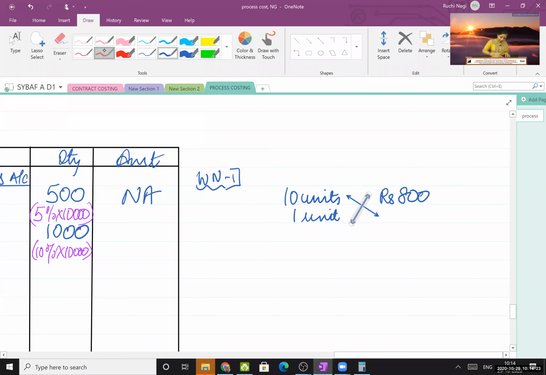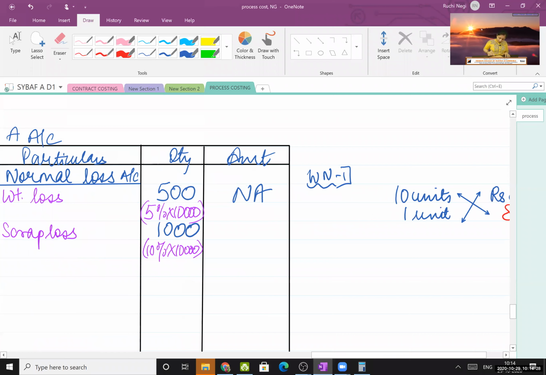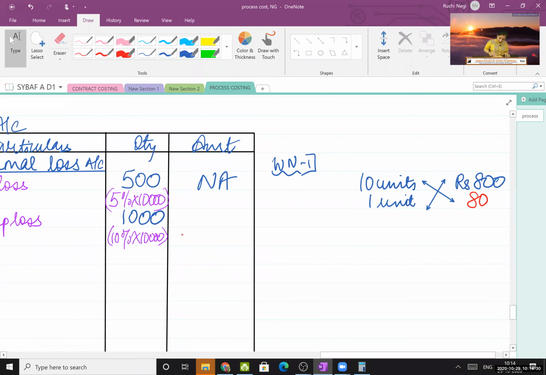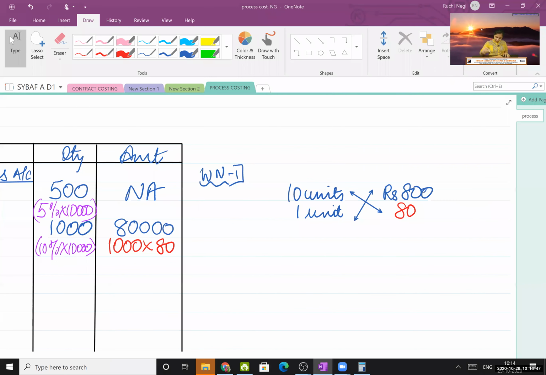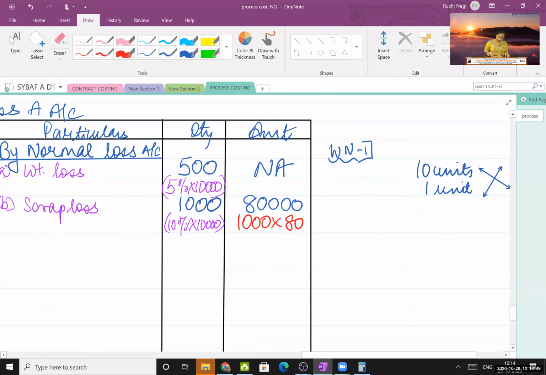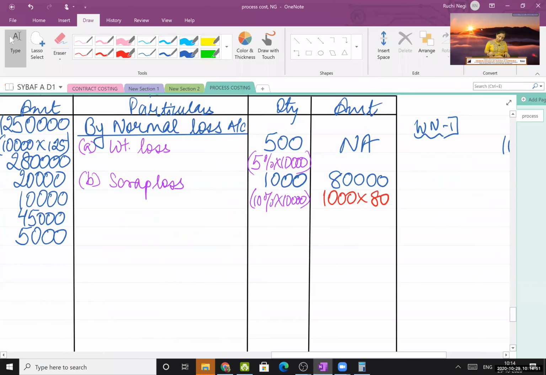So write here 80. So write here 1,000 multiplied with 80. So the answer is 80,000. Okay, fine. Very good, Swapnil. Is this clear till here? समझ में आ रहा है? Whatever I'm doing.